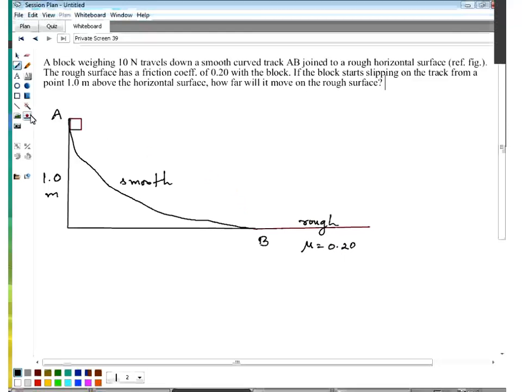Now here, right from the beginning till the very end, you can't apply conservation of mechanical energy because there is dissipative force present. So you will have to break this problem into two pieces, A to B and then B to whatever point at which it stops, C let's say.